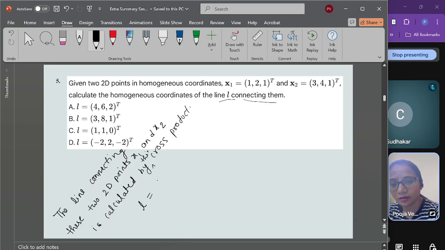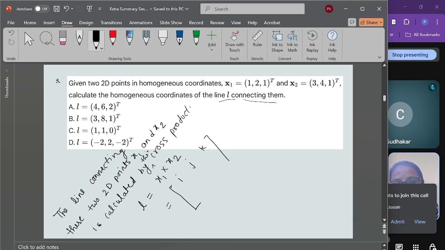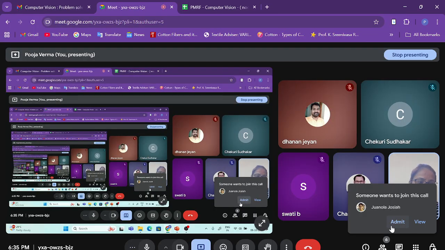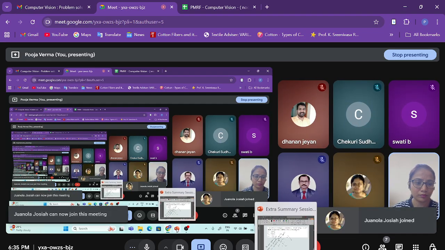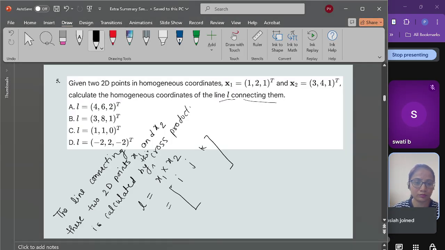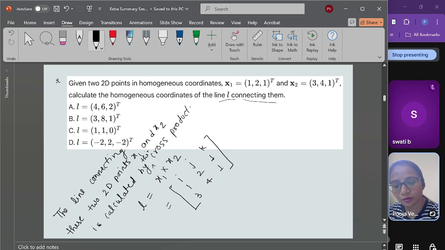That is L equals x1 cross x2. How can we calculate the cross product? You already know how to calculate it. Just write 1, 2, 1 for x1, and now x2 is 3, 4, 1.